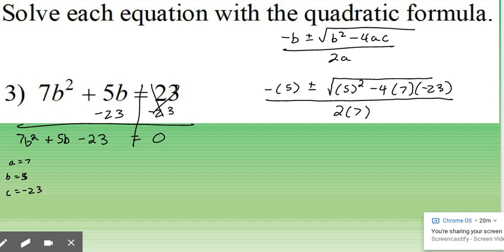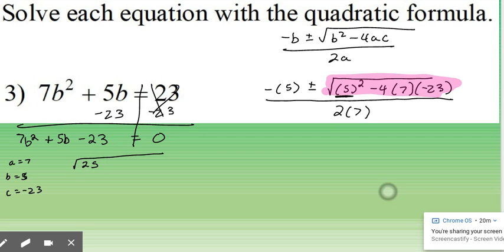Okay. Remember, we're going to take care of the discriminant, this part, right now. Okay. And I like to do it off to the side. Doesn't mean you have to, but I like to do it off to the side, just like we were doing it before. So I got 5 squared is 25.